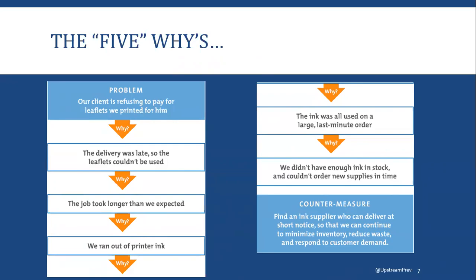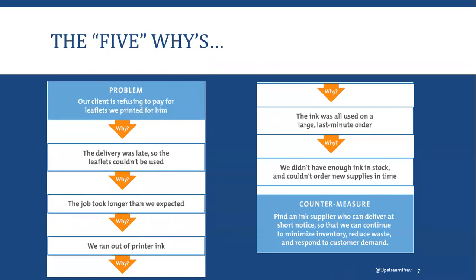That countermeasure is, at least for me, not my outright first thought of how to fix it, right? If I have somebody who's refusing to pay for leaflets that I printed, I might think about trying to invoice them earlier. I might think about not working with them anymore. I don't think I would have initially jumped to my ink supplier, right?